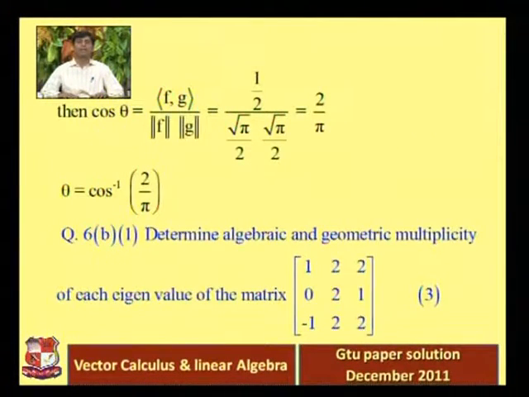The inner product ⟨f, g⟩ is 1 by 2, norm f is under root π by 2, norm g is also under root π by 2. So 1 by 2 upon under root π by 2 into under root π by 2 will become 2 by π. So cos theta is equal to 2 by π. So theta is equal to cos inverse of 2 upon π.